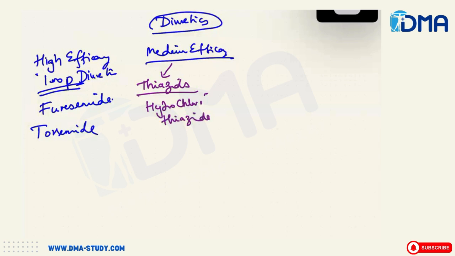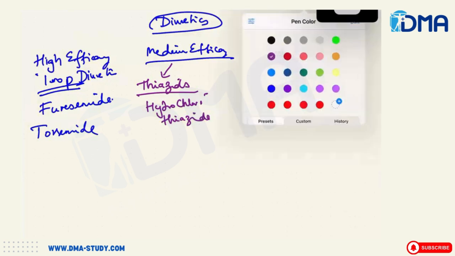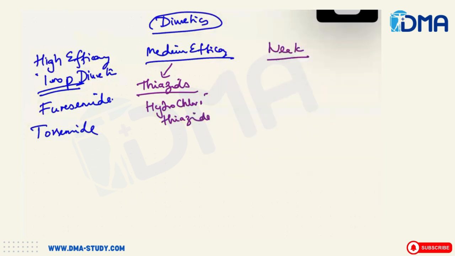Then low efficacy or weak diuretics would be carbonic anhydrase inhibitors, like acetazolamide.